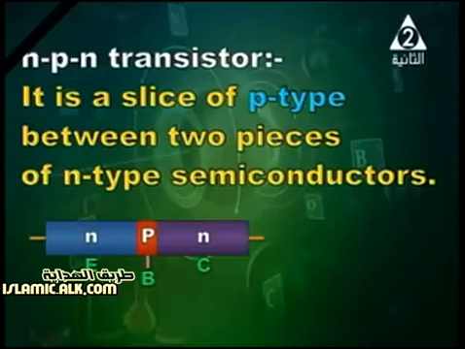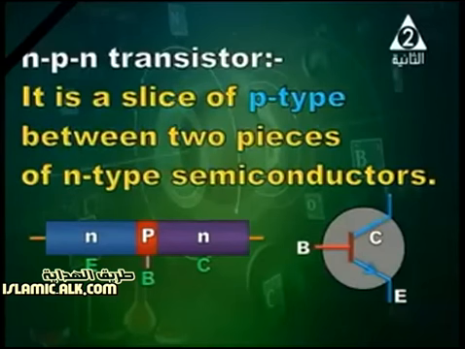Okay, what about the electronic symbol? It is given in a circle, and pay attention to the direction of the arrow on the figure.